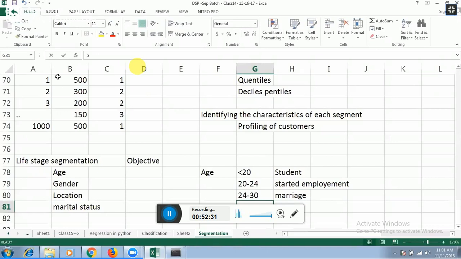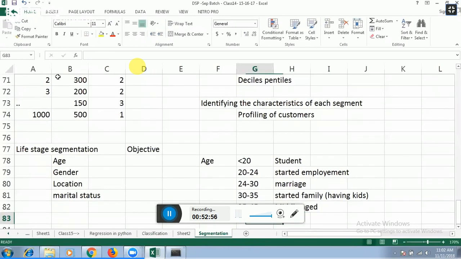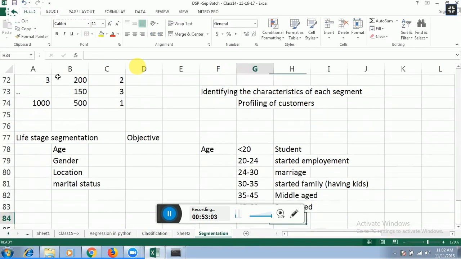At 30 to 35, you can say you have started a family, maybe having kids, which is the typical age people get kids. At 35 to 45, mostly you are middle-aged. At 45 to 60, it is a pre-retired stage, and 60 plus is retired.